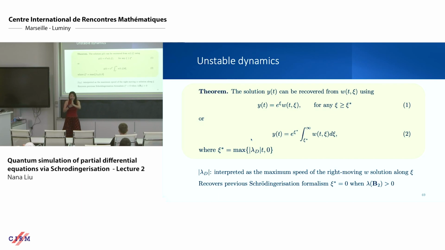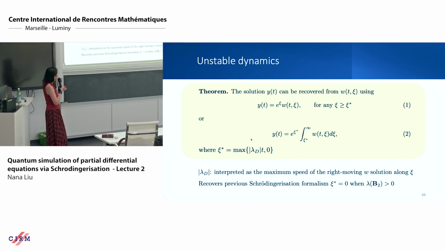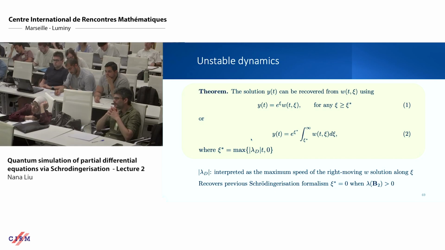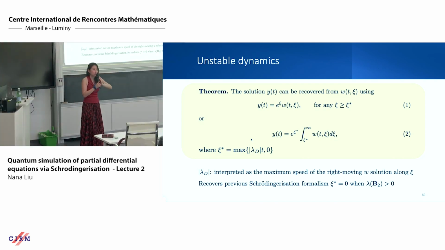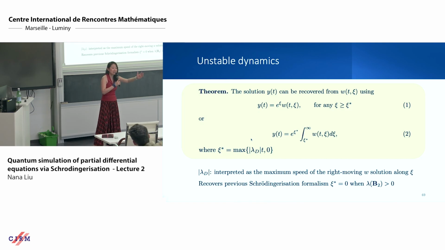The distance that is traveled will be the maximum speed multiplied by the propagation time t. That is the part that you need to cut off. So to reproduce our original state y, instead of an integral between 0 and infinity, we cut it off at psi star, where psi star is the region that the fastest, negatively propagating wave has entered.